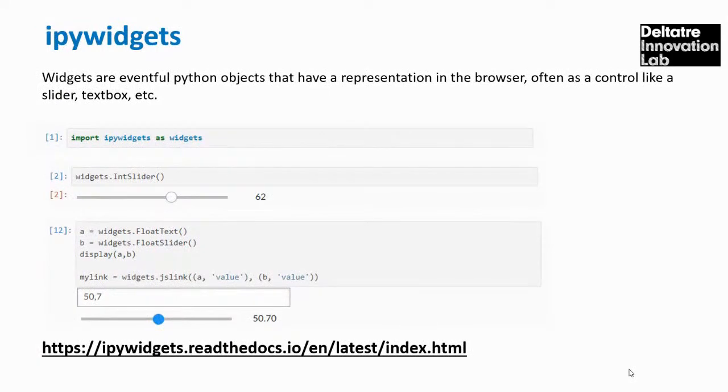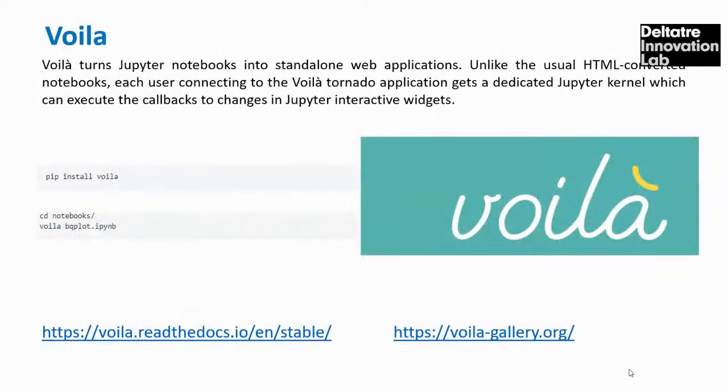Or we can use ipywidgets, which are widgets that are able to interact with our data. Or Voila. Voila is a Python library that turns your Jupyter notebooks into a web application, a standalone application.